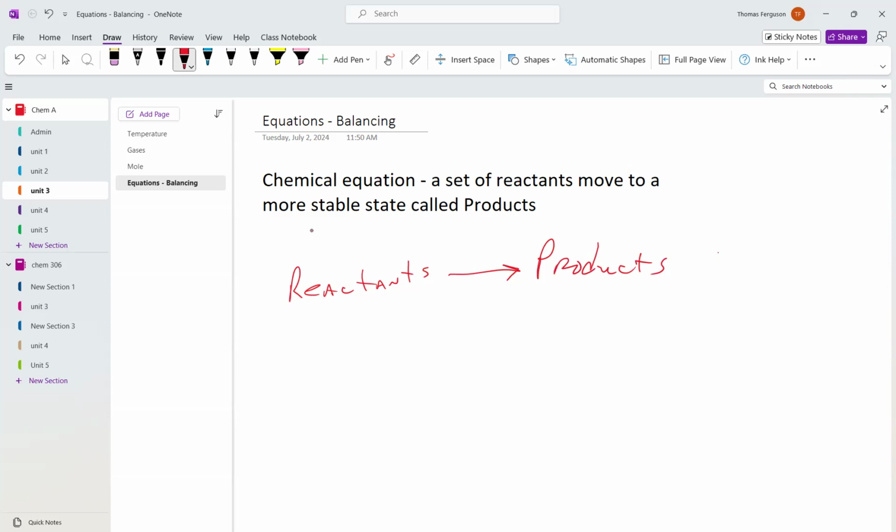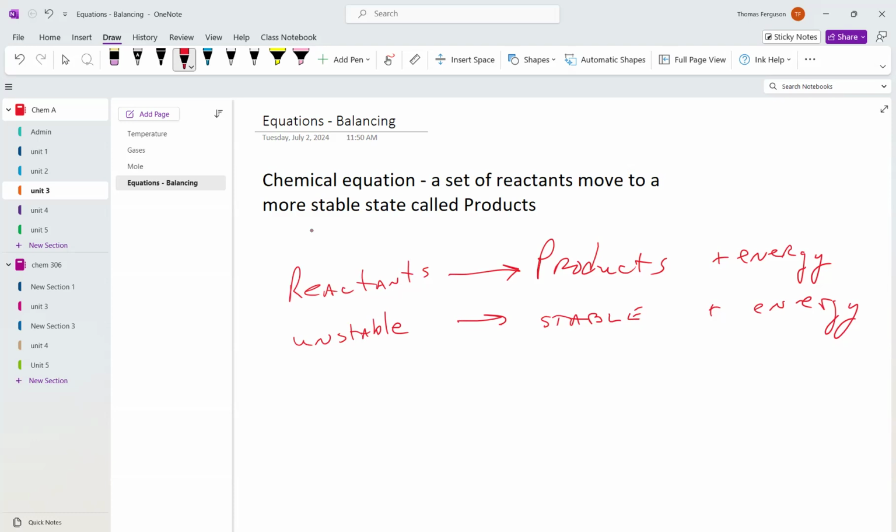And usually it gives off energy. Now, if you're trying to force something to become more unstable, that requires energy.